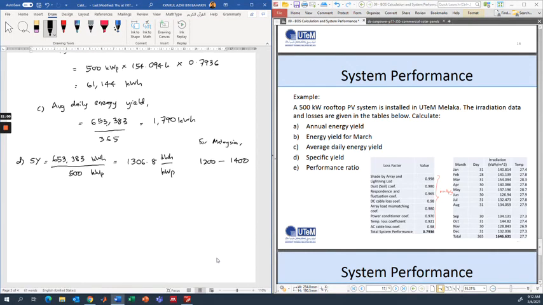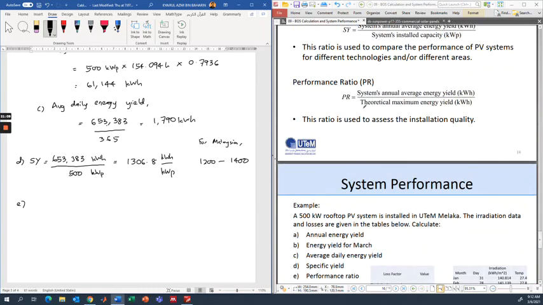And then finally, the performance ratio. We look back at the system annual average. So the PR is equivalent to 653,383 divided by the theoretical maximum.